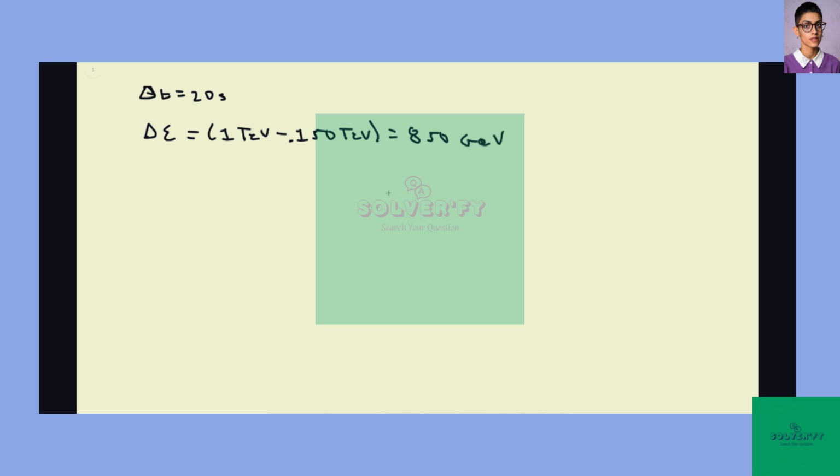So since it states in the problem that we can assume that the speed of the proton is essentially c the whole time, we can state that the period, the time it takes to go around one revolution, is equal to 2 pi r over c.